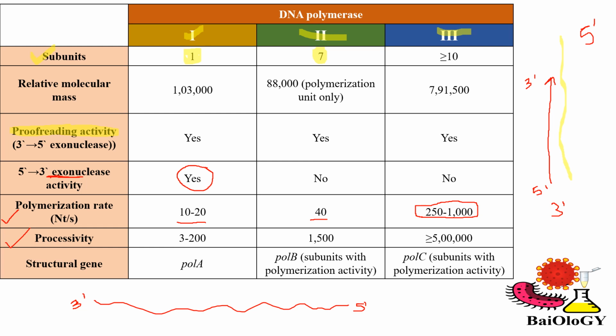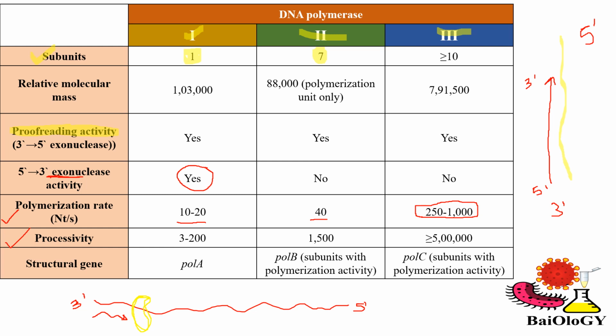During the replication, a particular enzyme, suppose this is a DNA polymerase, don't mind my drawing, is doing its work. By processivity, it means how many nucleotides this DNA polymerase can add before it dissociates from the DNA template.